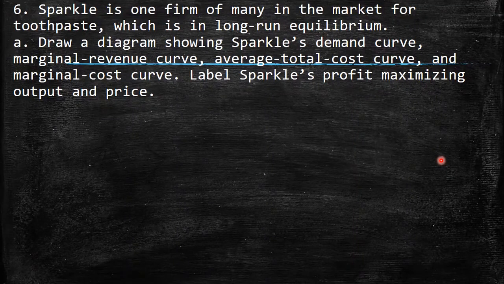When we talk about the long run, we are talking about all the costs being variable, so it means immediately that the total cost is equal to the total variable cost. Why?